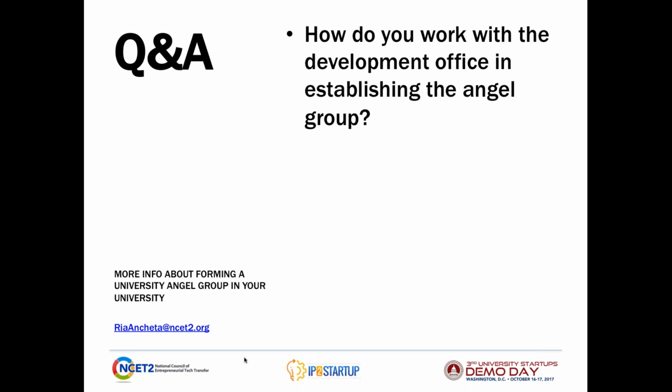Yeah, let me say a few words. When I was at George Washington University, we had somebody that was really good in the development office that was very engaged in our angel group. And what he found was that it was very easy to find entrepreneurs and wealthy people to engage with the university.